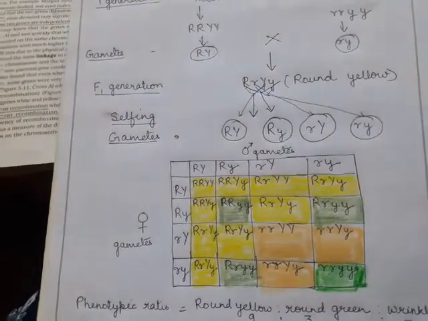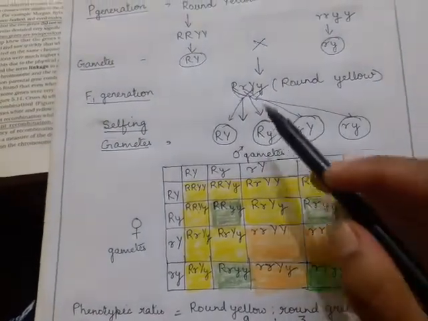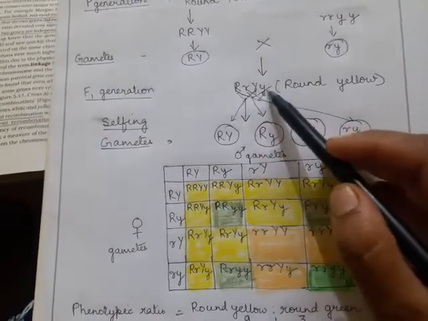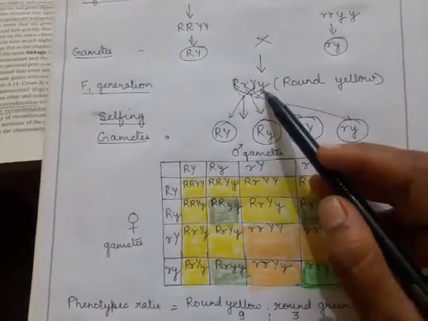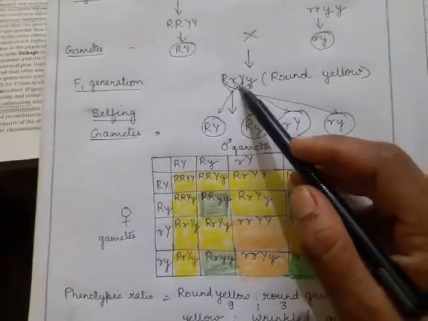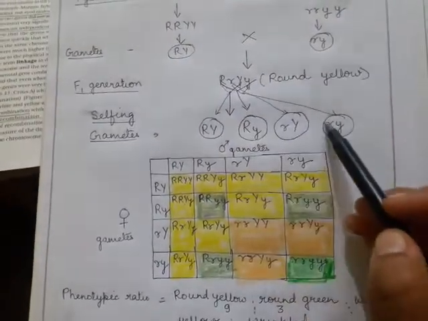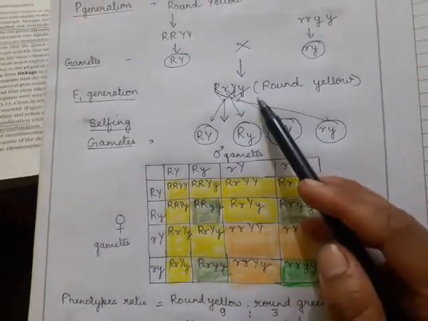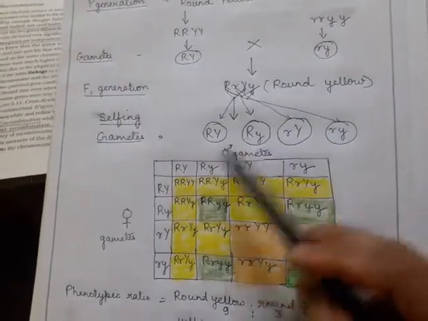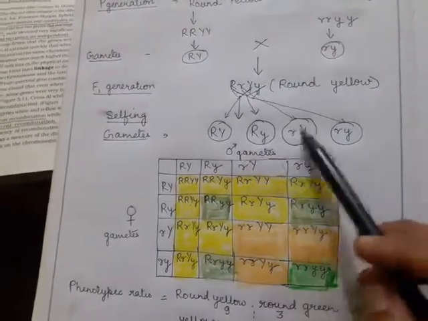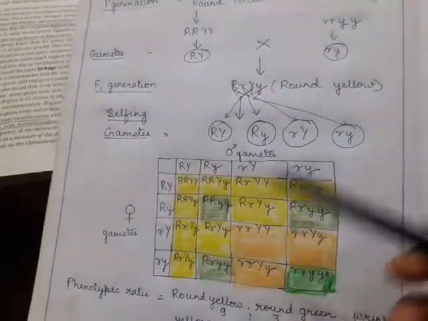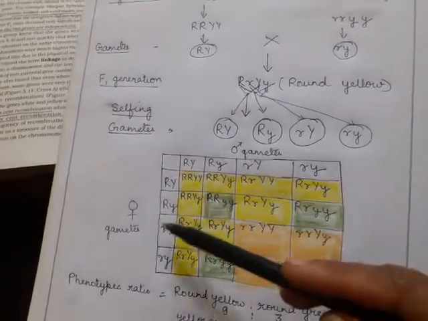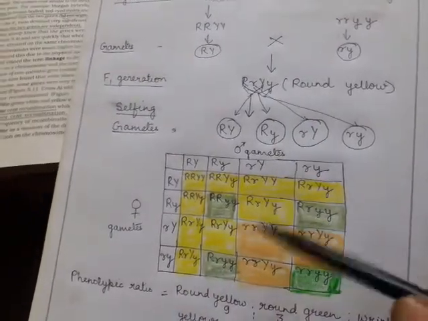Now after selfing, as we did in the monohybrid cross, gametes are formed: capital R capital Y, capital R small y, small r capital Y, and small r small y. Selfing means that the female gametes and the male gametes are taken from plants of the same type, the round yellow type.